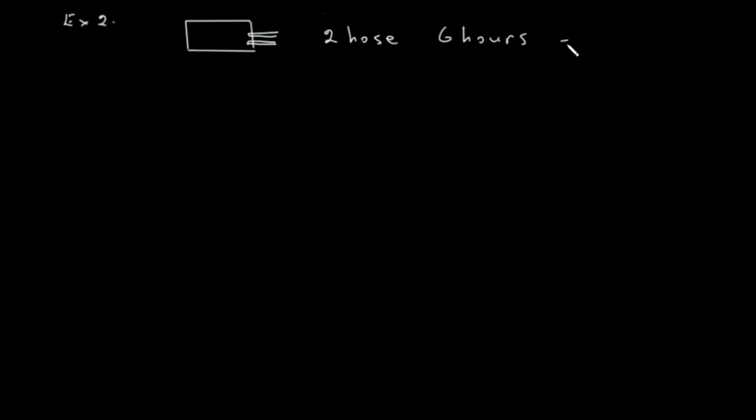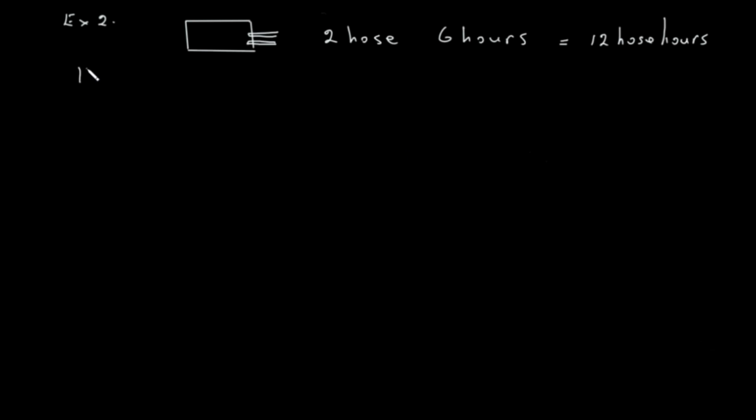So the amount of work done is 2 times 6, which is 12, and the combined units are hose hours. So that is our initial condition.